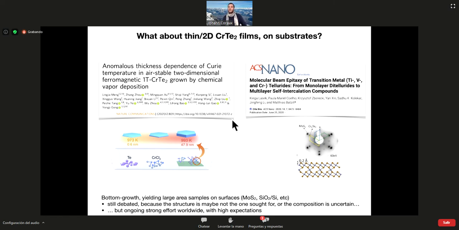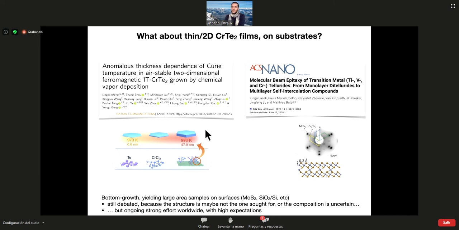You see this work here is a careful one, where it was advised that maybe it's not purely chromium ditelluride, but chromium ditelluride with some bridges, so not always a truly lamellar material. This work here does not address these kinds of questions, but what I can tell you is that the chemistry, properties and structure of these materials still remain a bit debated.